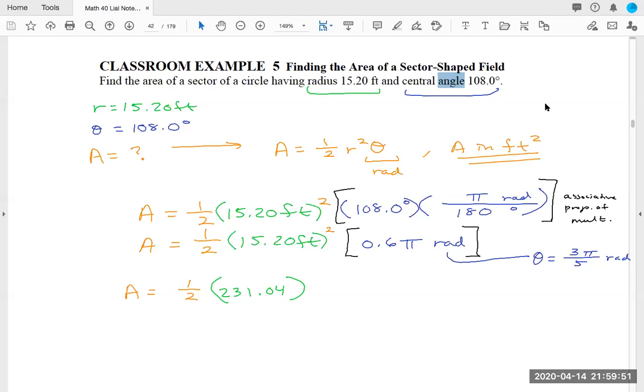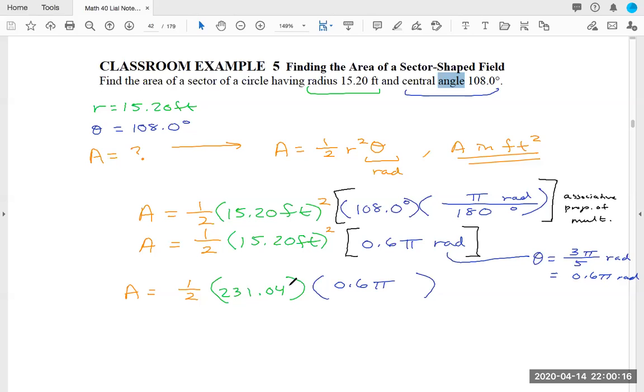And then we still have the, it's 3 pi over 5, but I'm just going to use the 0.6. Okay.